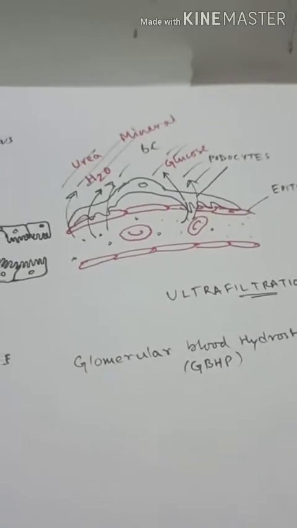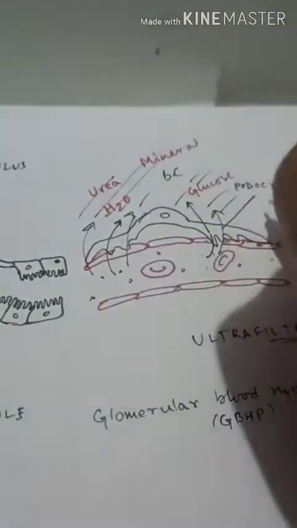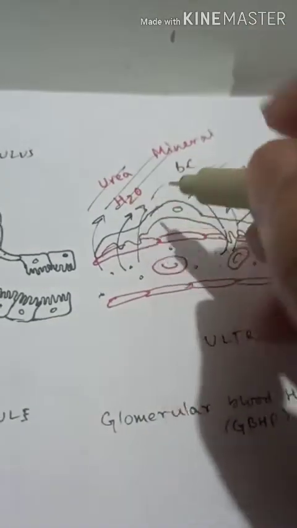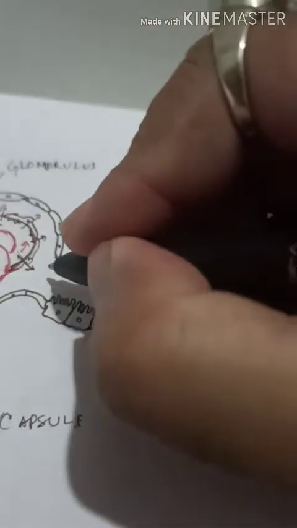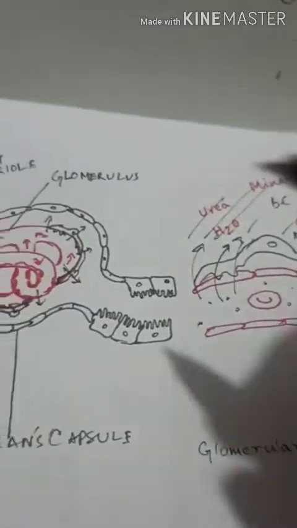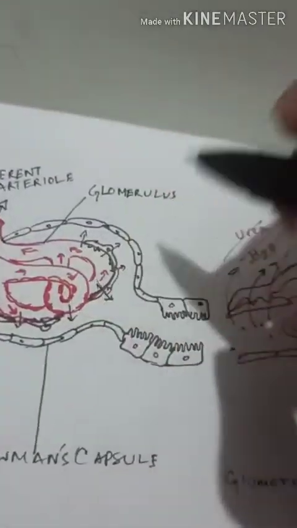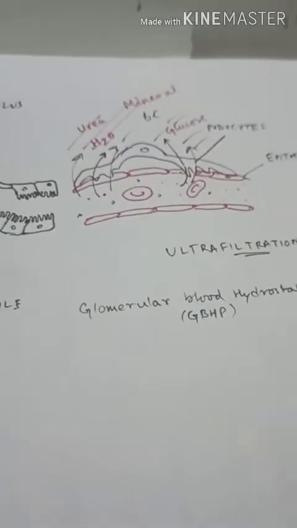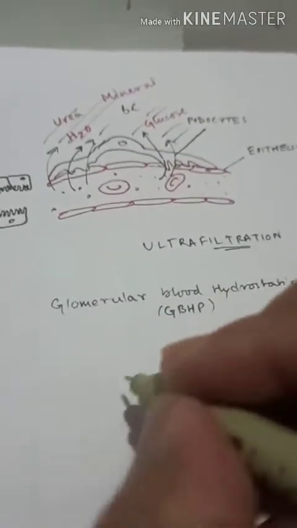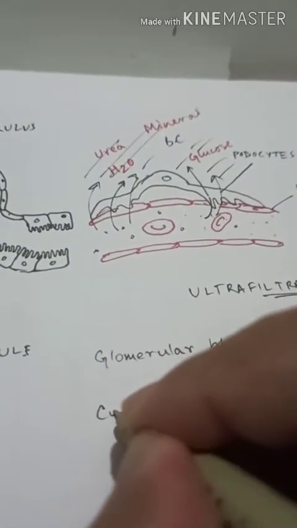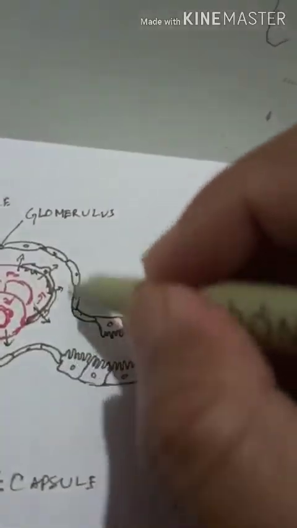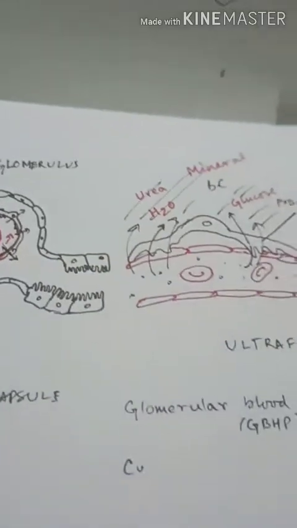Those materials will create this liquid present inside the Bowman's capsule, which will actually generate another pressure that works opposite to this particular pressure. This pressure is found inside the capsule, and also in this area, meaning the entire renal tubule.